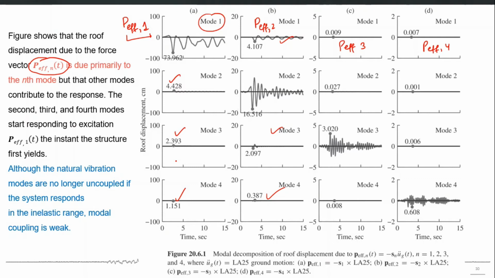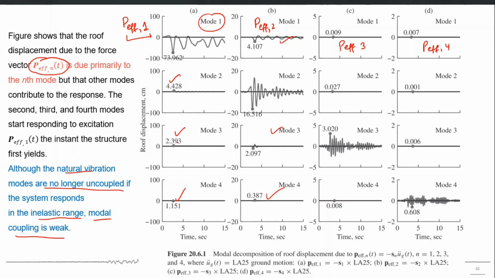So although the natural vibration modes are no longer uncoupled, just like they were uncoupled in the classical modal RHA, here they are not uncoupled. If the system responds in the inelastic range, the modal coupling is weak. This is the conclusion drawn, that the effect of modal coupling is weak.